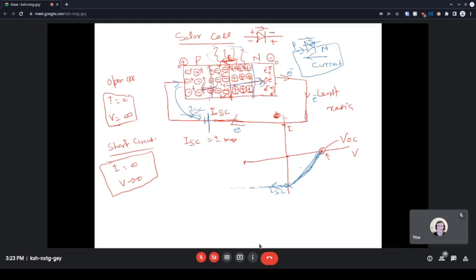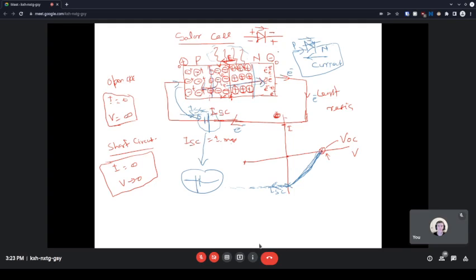The case is the same if, instead of this, we put positive potentials here. If it is positive potentials, at that time what will happen?